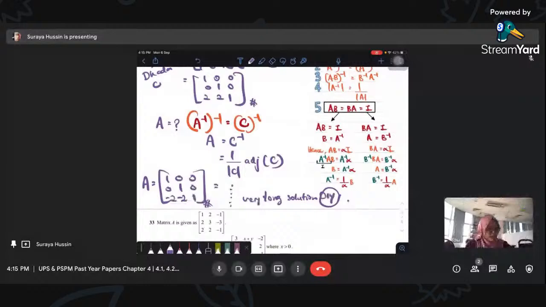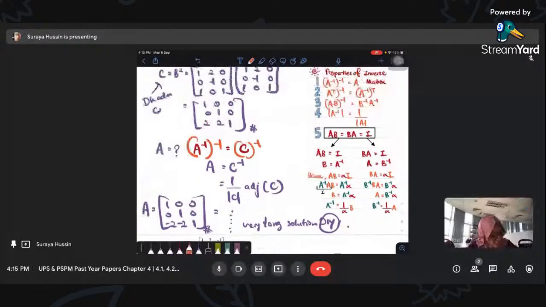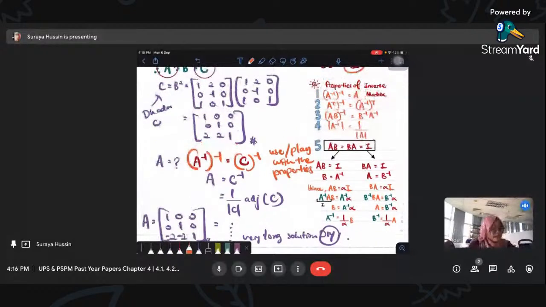You just have to play and use the properties. That is the lesson for today. The lesson for today is just playing with the properties and trying and erring to see which one is the most suitable to find the easiest answer.